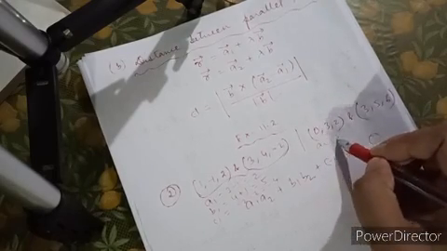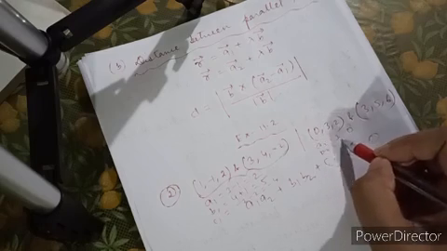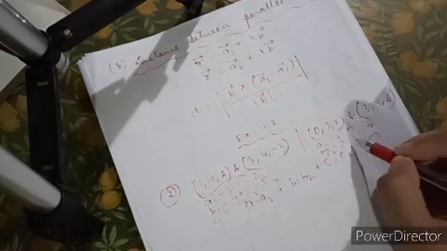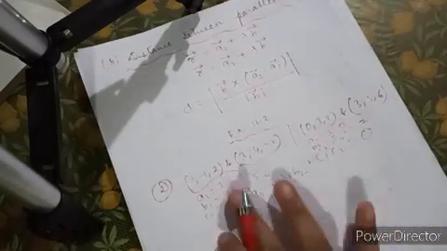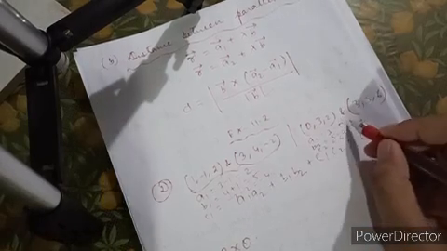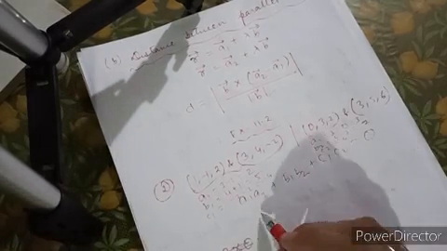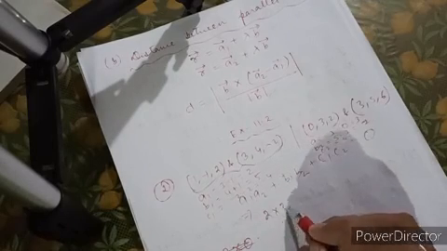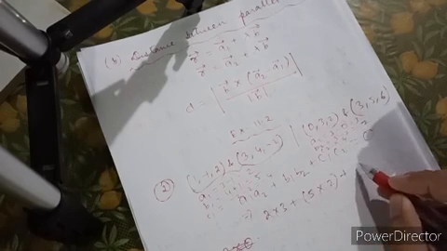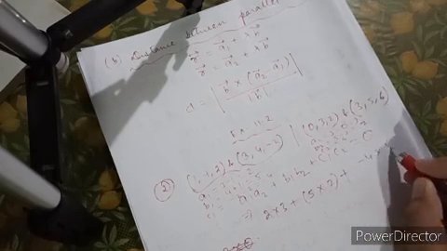Here a2 will be 3 minus 0, b2 will be 5 minus 3, that is 2, and c2 is coming to be 4. So now let us multiply: a1 is 2 into 3, plus b1 is 5 into 2, plus c1 is minus 4 into 4.